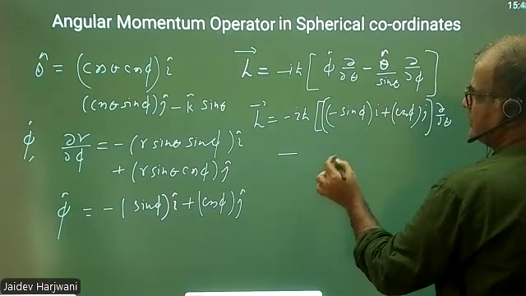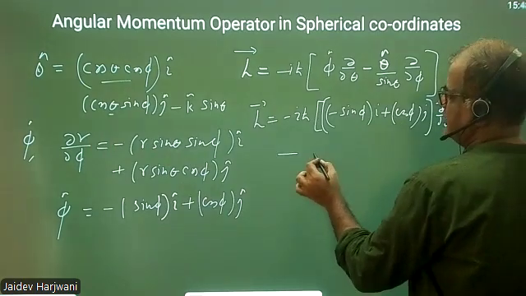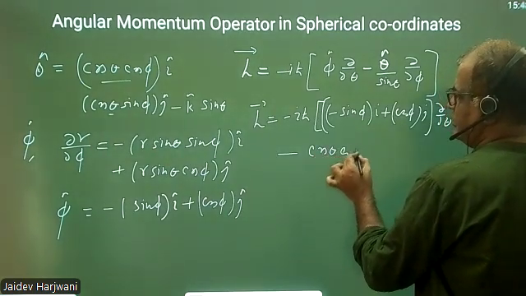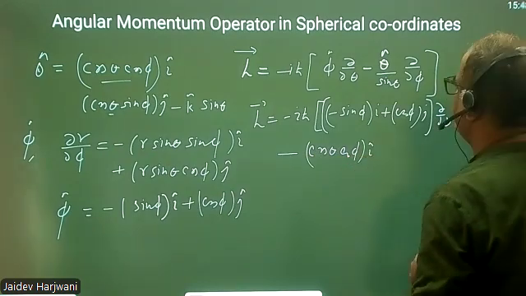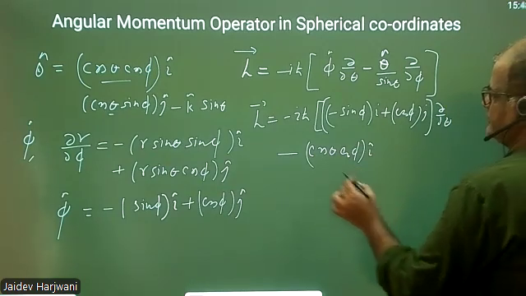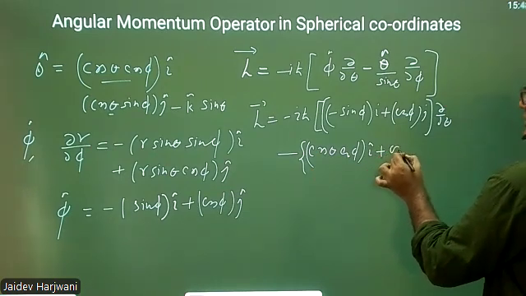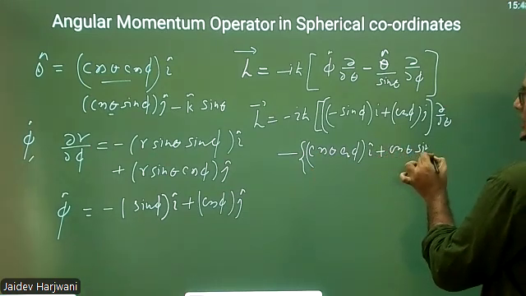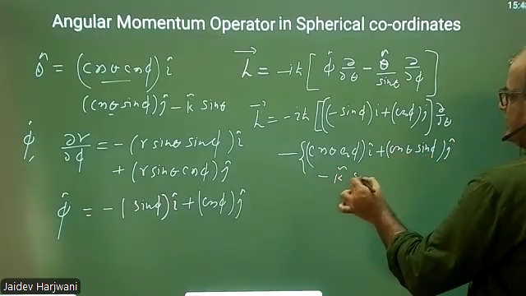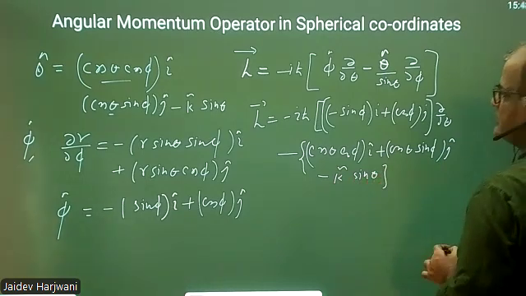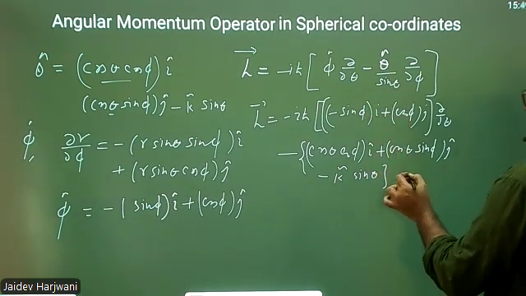Theta cap has three terms: cos theta cos phi i cap, cos theta sin phi j cap, minus k sin theta, and this whole is divided by sin theta, and then you have del upon del phi.